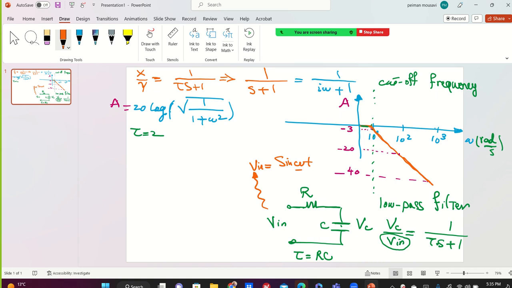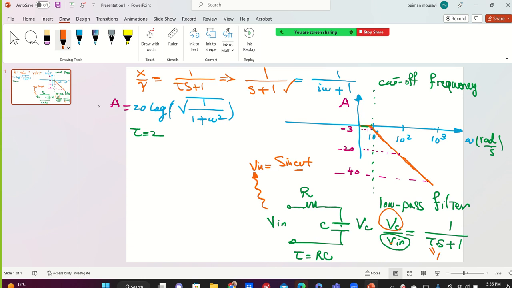So for the low value of the frequency, VC is going to be equal to Vm, because log of 1 is 0. But if you increase the frequency, saying that tau is 1, like this case, for higher frequency the amplitude of the VC is decreasing with respect to the V in. I'm going to plot it in MATLAB and Simulink today. See what I'm saying, everybody?